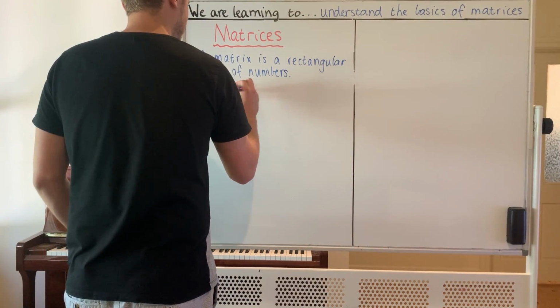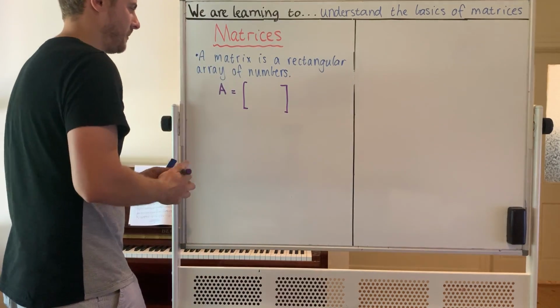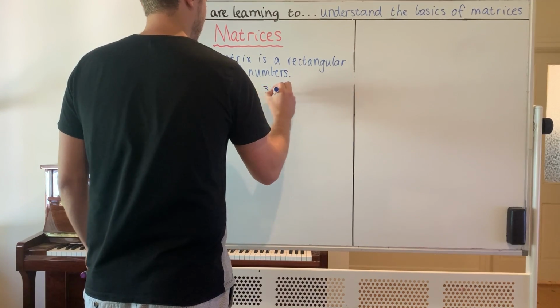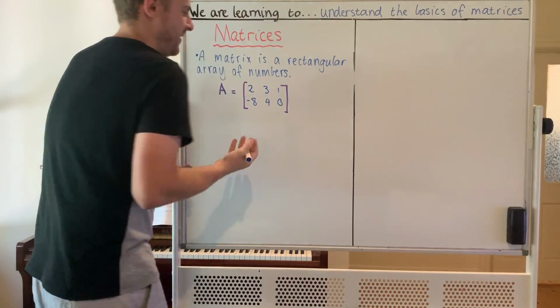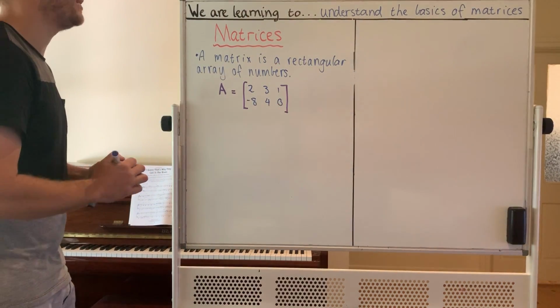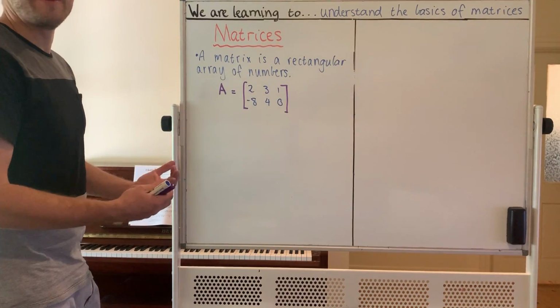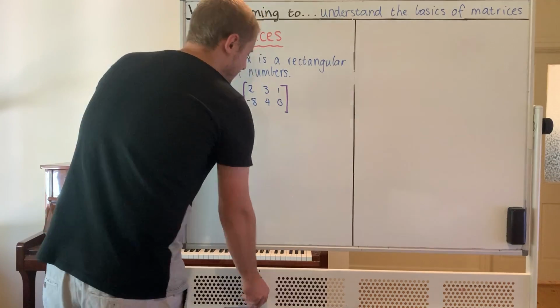We might have A equals our matrix here. Right now these numbers don't have any meaning, this is just an example, but as we go and look at practical applications, we can look at how these can be applied to a variety of settings. Alright, so here we have a matrix A.